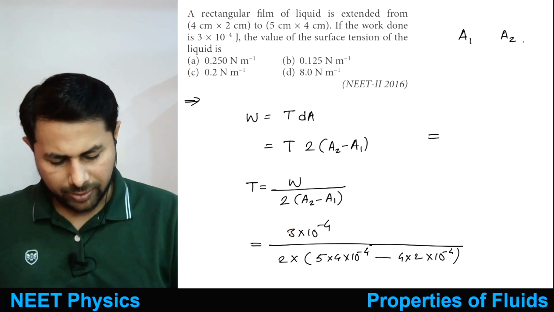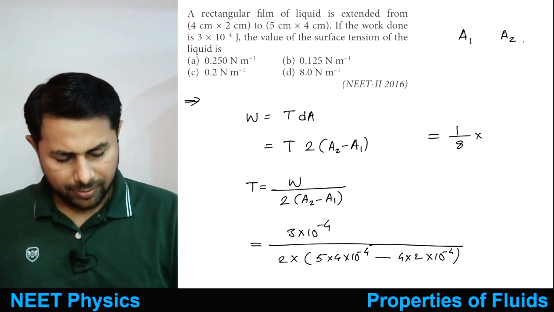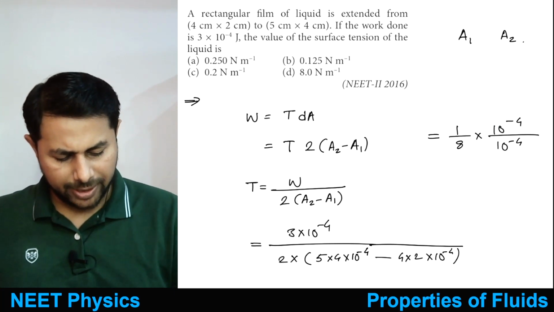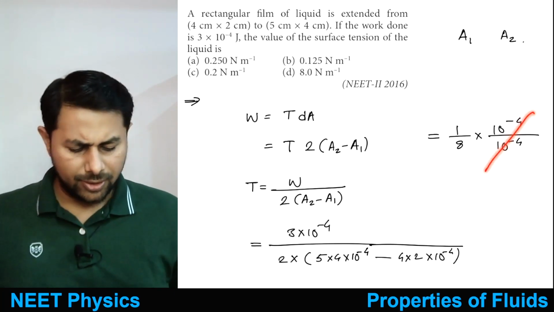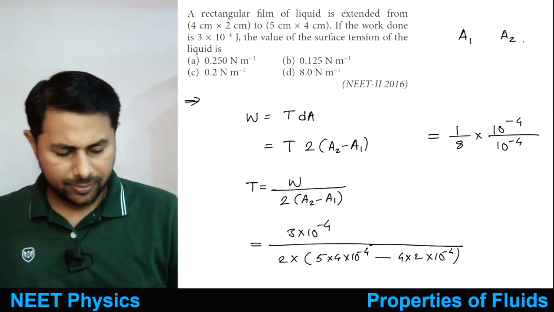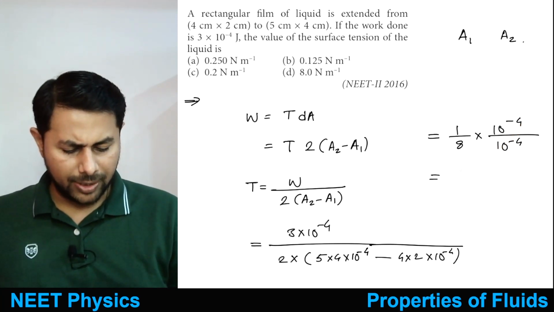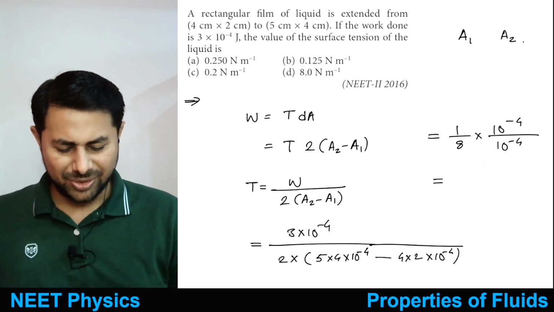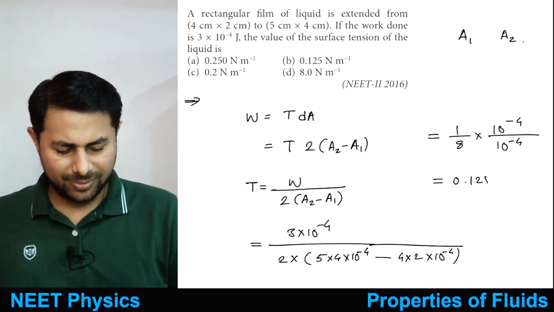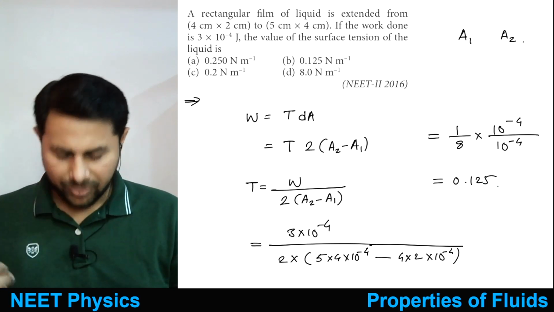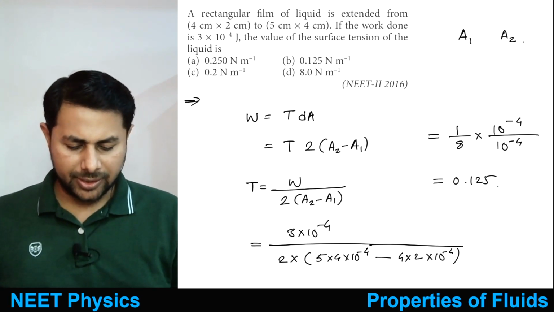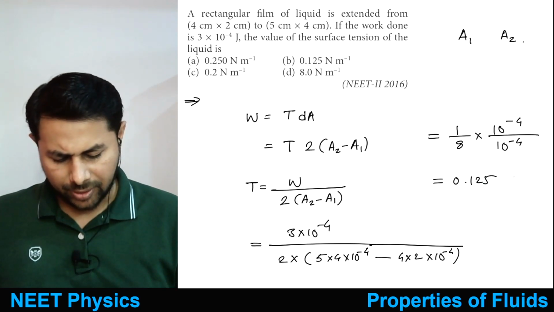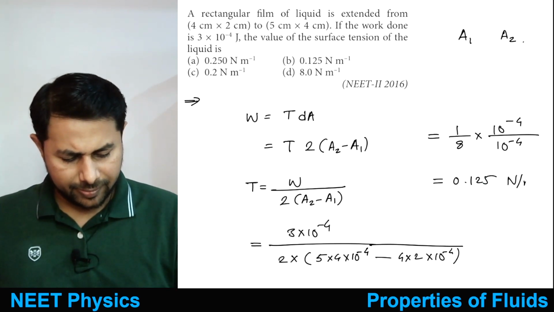So now this is equal to 1 by 8 multiplied by 10 raised to minus 4 in numerator, in denominator also 10 raised to minus 4, that gets cancelled. So 1 by 8 means 1 by 4 is 0.25, 1 by 8 is 0.25 divided by 2, so 0.125, right? 25 divided by 2 is 12.5, okay. So that is the answer, it's option B, I guess.